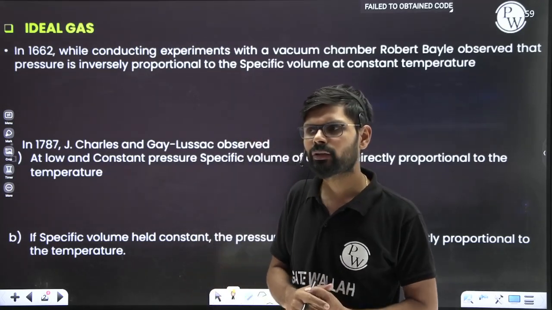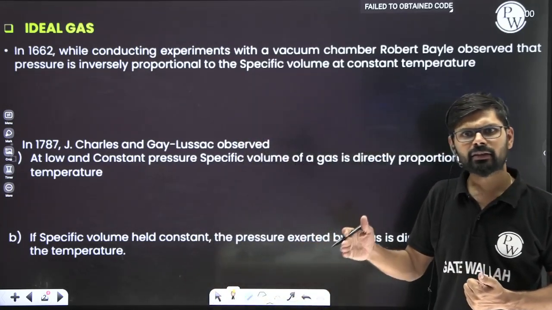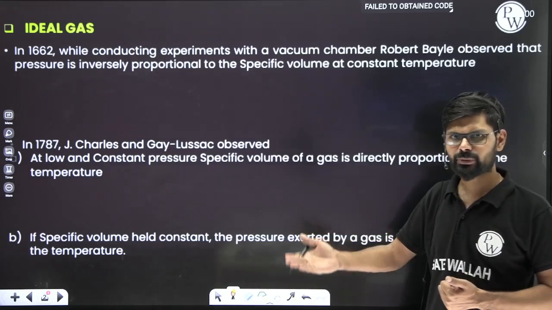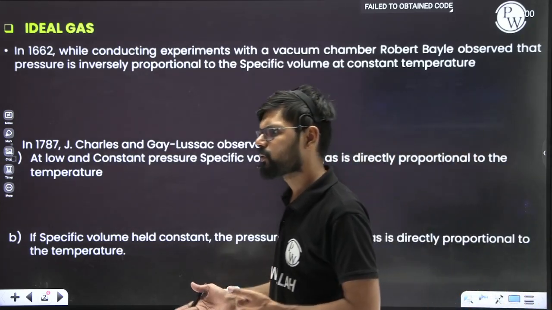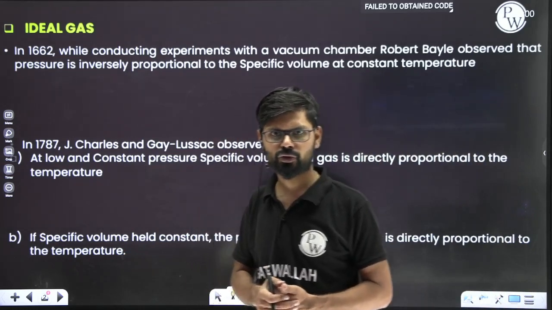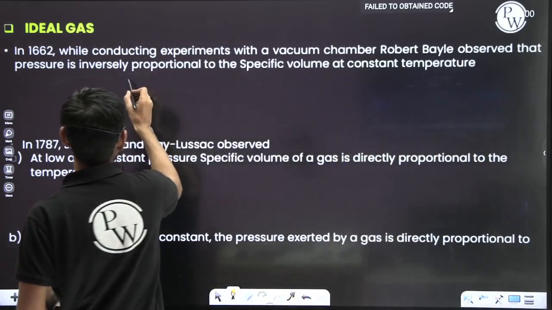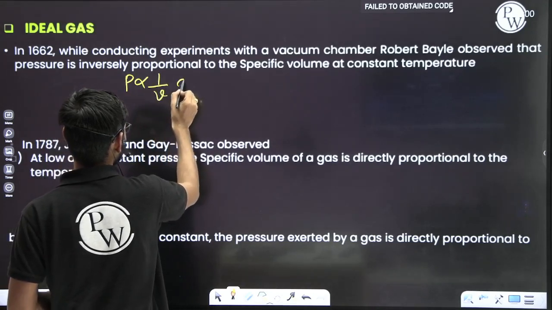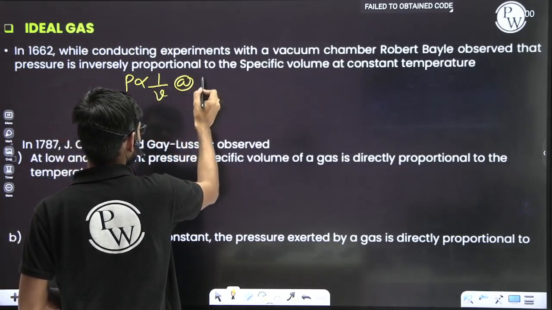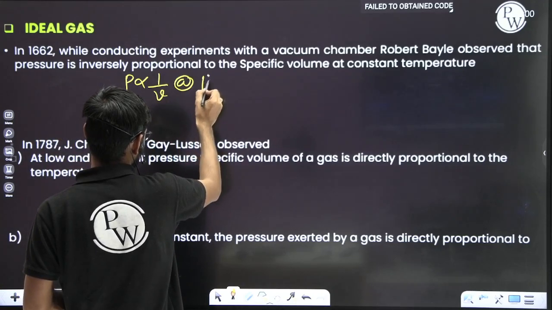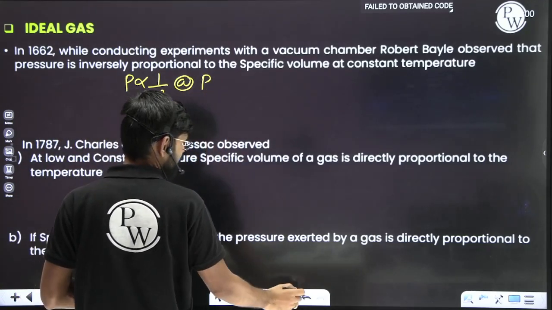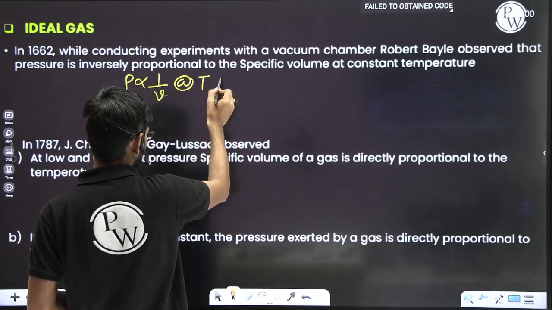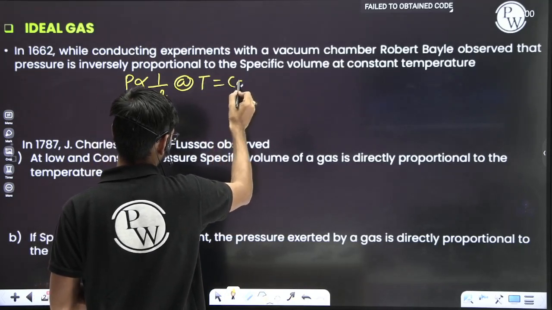He found that if we maintain the temperature constant, then pressure is inversely proportional to the volume. Means pressure is inversely proportional to the specific volume at constant temperature, right?